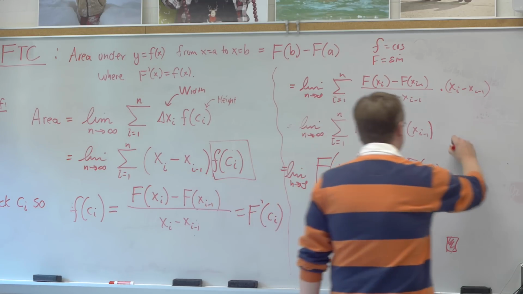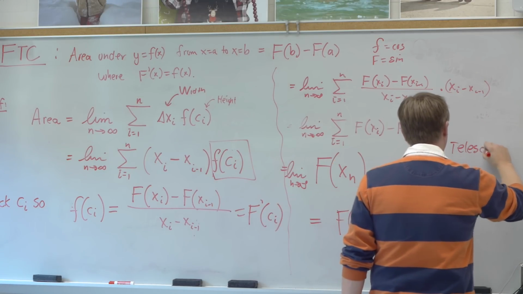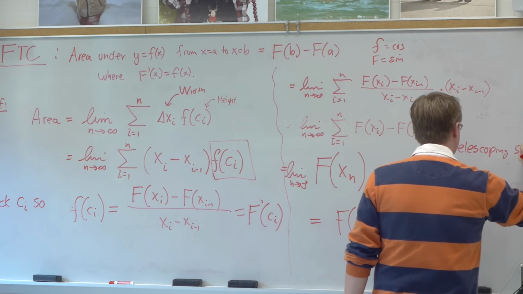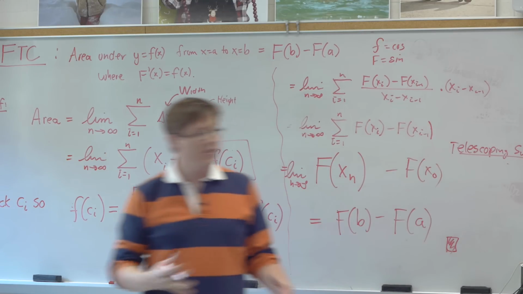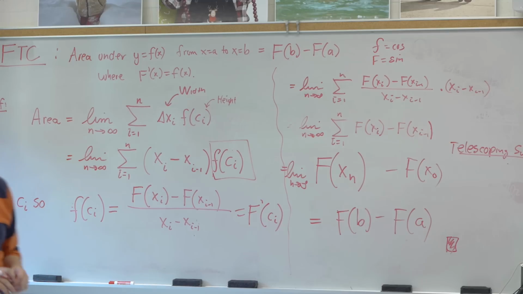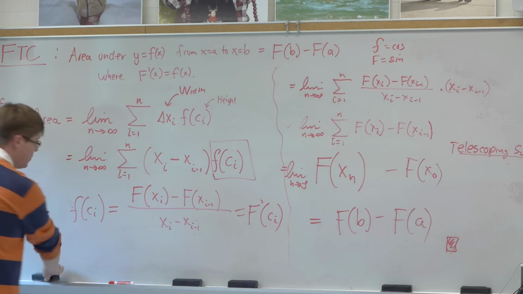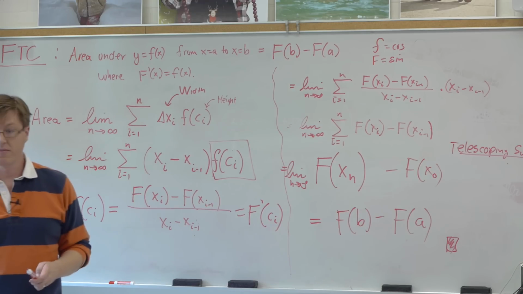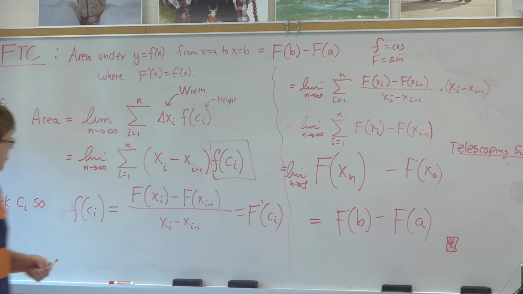Yep, this is called a telescoping sum. A telescoping sum means that all those middle terms canceled out. That's the proof. F of b minus f of a.